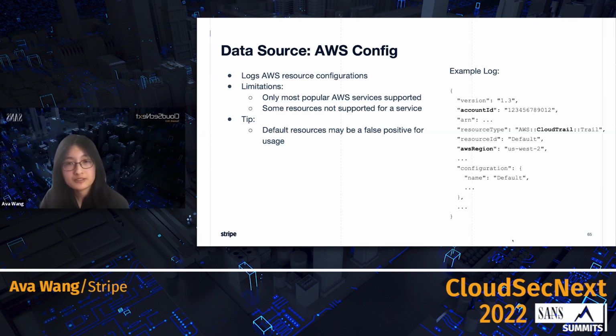So our tip is that resources that exist by default, like default security groups, can be a false positive, and it's best to look at other resources for the service instead, like EC2 instances, which need to be explicitly created. We also see here an example for a config resource log with the account ID, region, and resource type, which in this case is a CloudTrail trail.